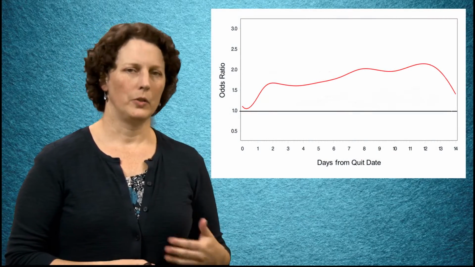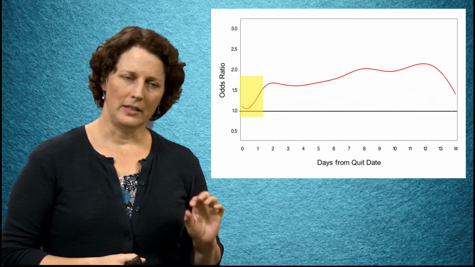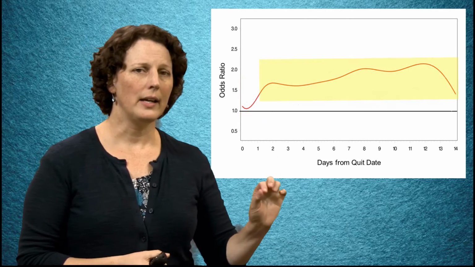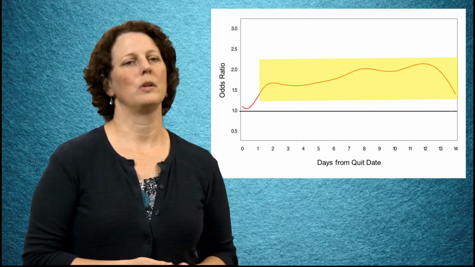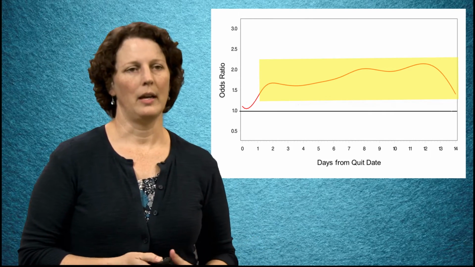We also looked at how craving, nicotine craving, is associated with smoking lapse during the first 2 weeks post-quit. And we see that at the very first day, the association is not significant, but it quickly elevates and remains significant throughout the study, so that craving is indeed associated with smoking lapse.